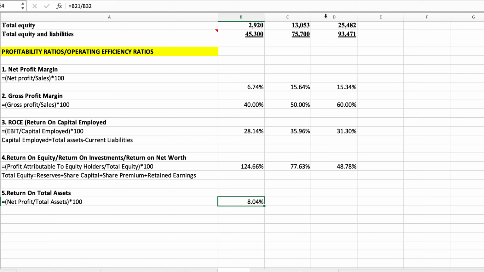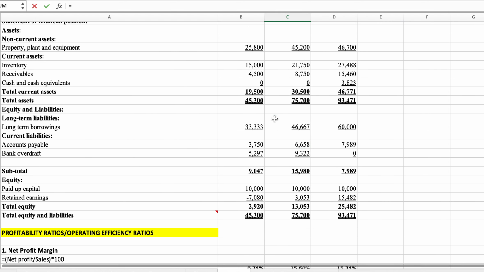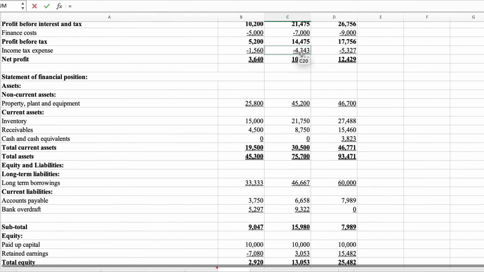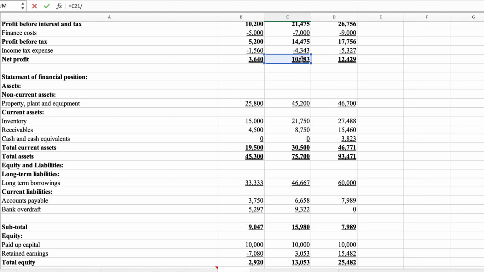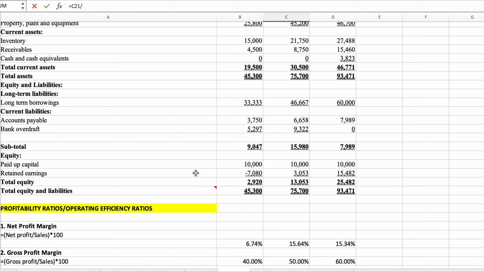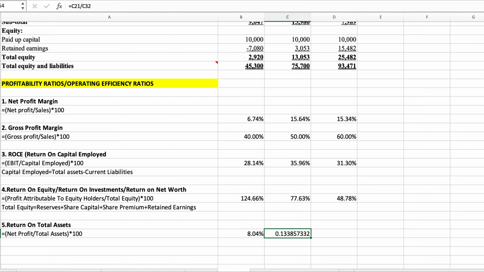For 2021, our net profit is 10,133. We divide by our total assets, which is here, then multiply by 100, or express as a percentage.